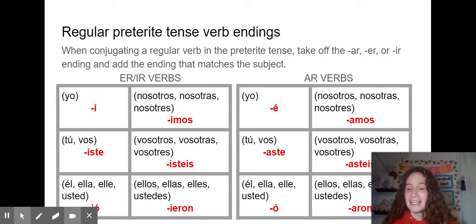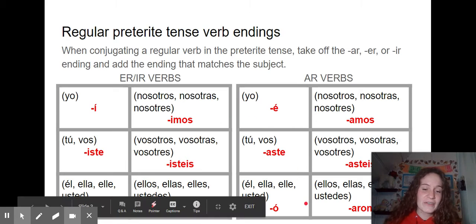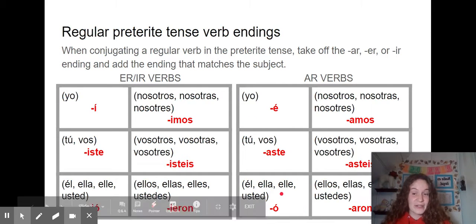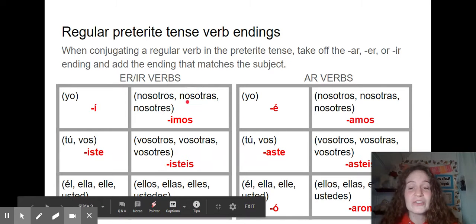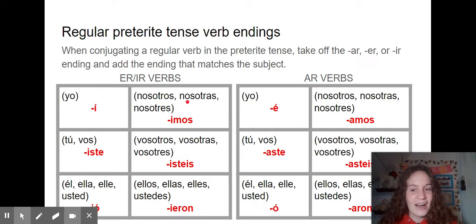So if your subject is él, ella, usted, or any other singular subject that you're referring to, then if it's an ER verb, our ending would be ió, I, O with an accent mark. Or if it is an AR verb, then our ending would be ó, which is just O with an accent mark. If our subject is nosotros, nosotras, or nosotres, which is we, then the IR or ER ending is imos, and the AR ending is amos.